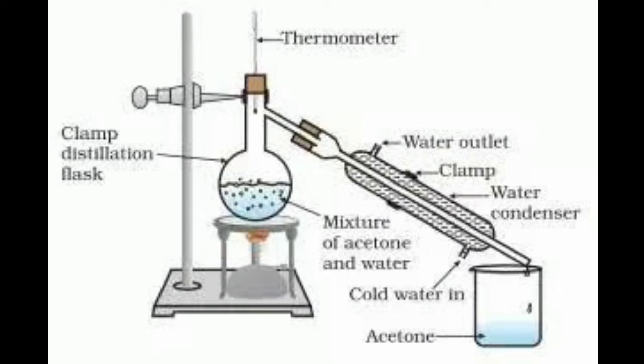And here acetone vapors condense in the condenser and can be collected from the condenser outlet, because here we have taken a mixture of acetone and water. Water is left behind in the distillation flask.